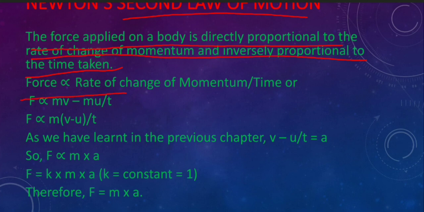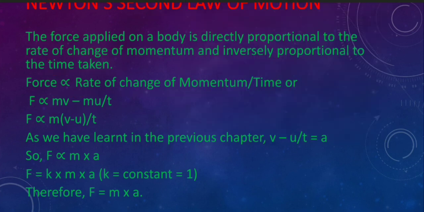Force is directly proportional to the rate of change of momentum, that is, force is proportional to (mv minus mu) by t. What are mv and mu? mv is the final momentum and mu is the initial momentum.